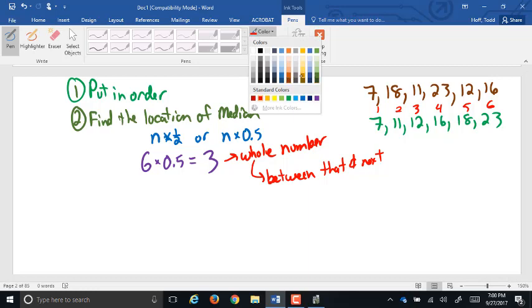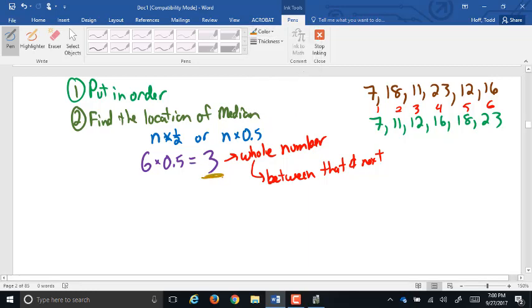So looking at this, that came up with a 3, so it's between the third and the fourth number. How do I get between the third and the fourth? Well, I take the third and fourth numbers, I add them together, and I divide by 2. 12 plus 16 is 28. Divided by 2 is 14. The median of that set of numbers is 14.